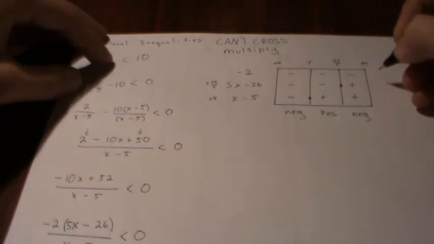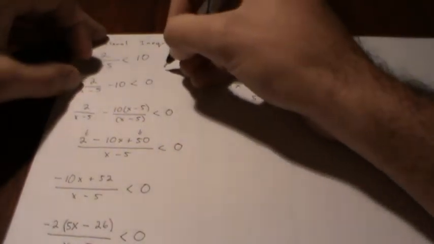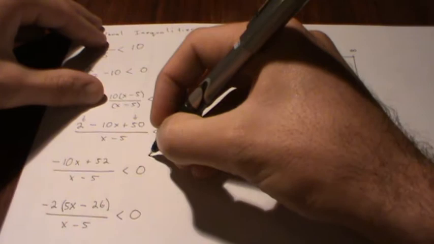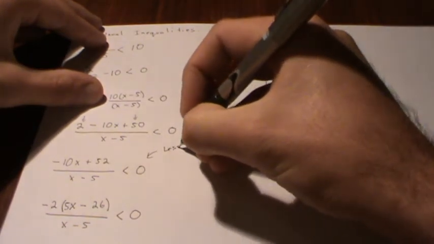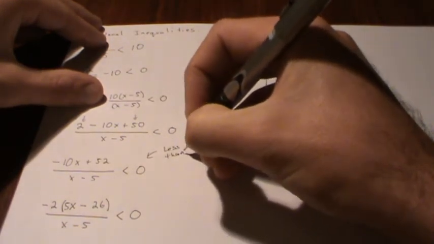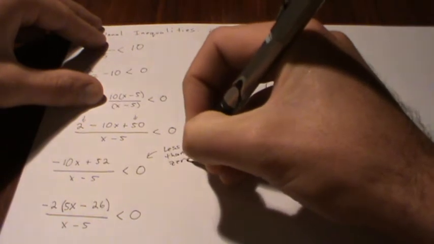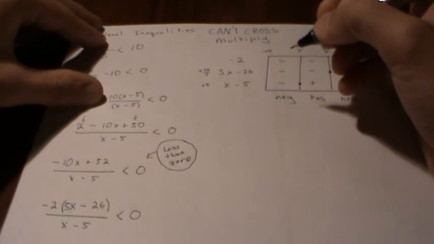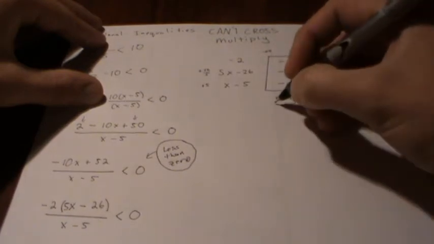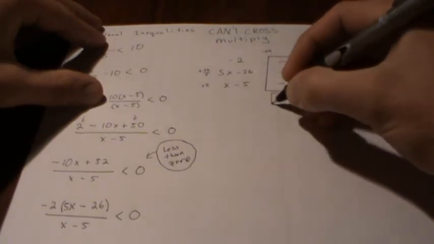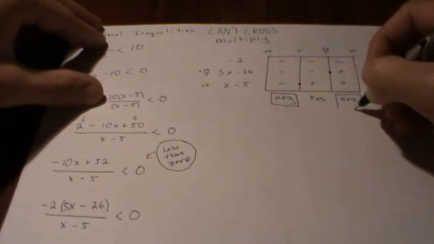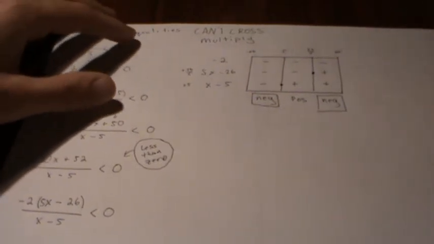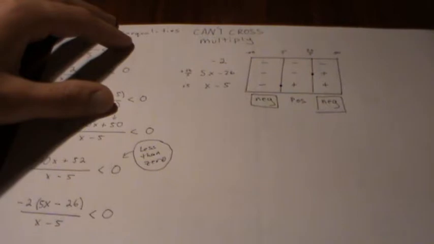Since we're interested in when this is less than 0, I'm interested in the negative values here and here, because only negative values are less than 0.